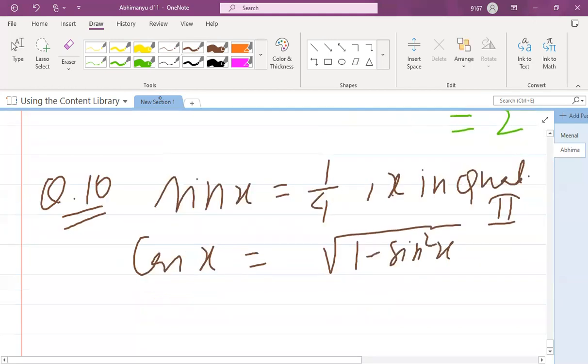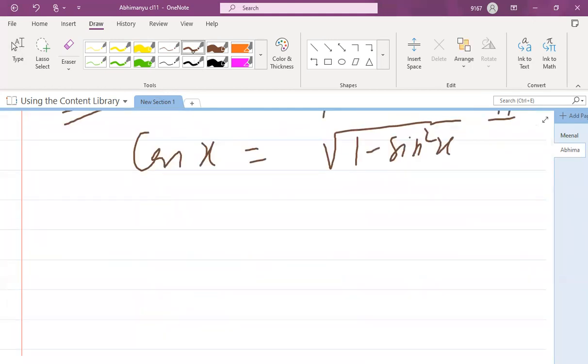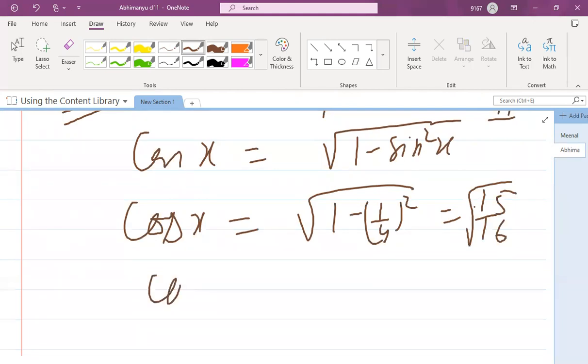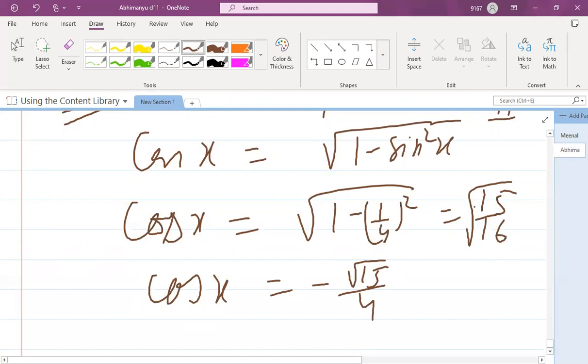So cos x equals to root over 1 minus 1 by 4 square, which is 1 minus 1 by 16, 15 by 16 root. So this will be cos x equals to root 15 upon 4. In second quadrant, so this is negative.